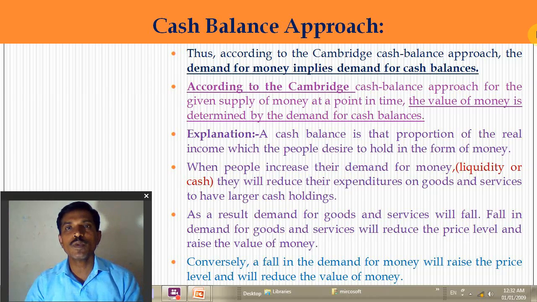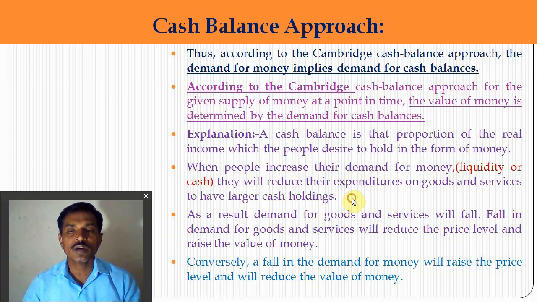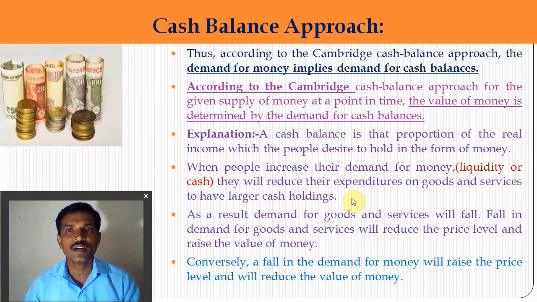So when people hold more money in hand, they spend less on goods and services, and the value of money will increase. Conversely, a fall in demand for money will raise the price level and reduce the value of money. Next is the explanation of the cash balance approach.